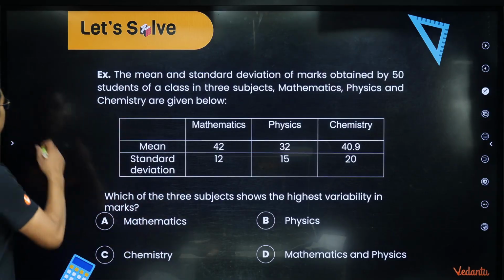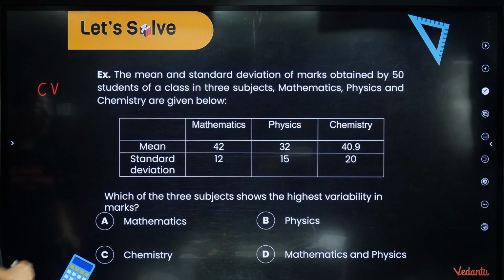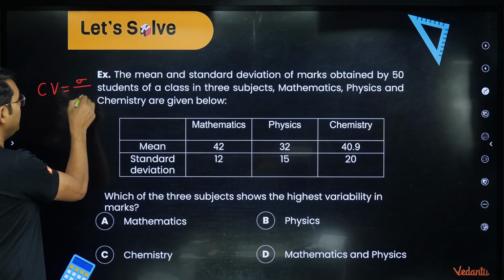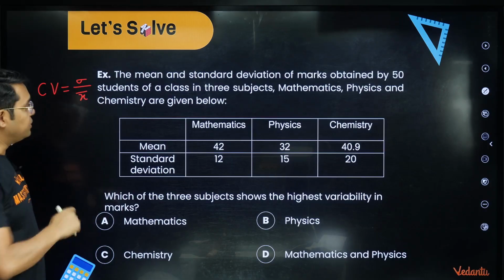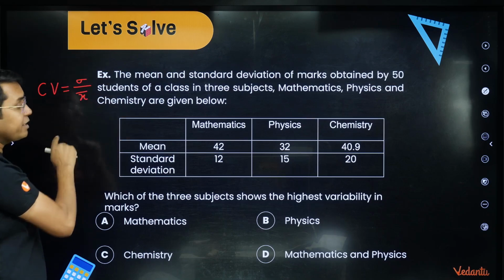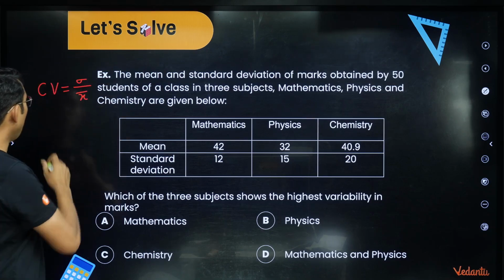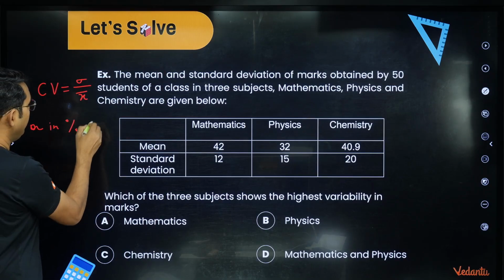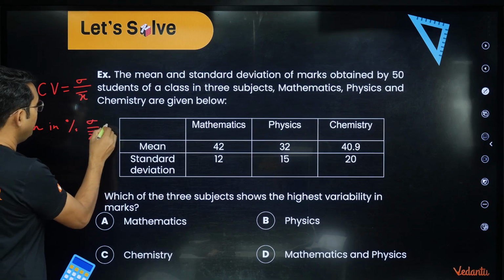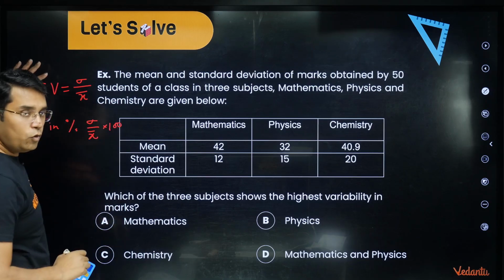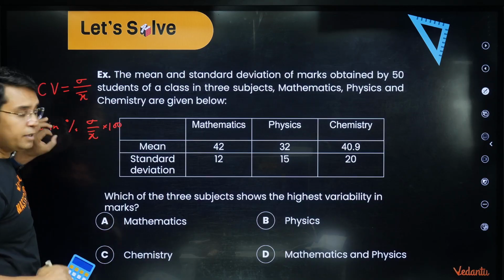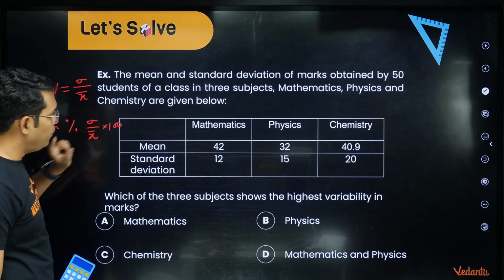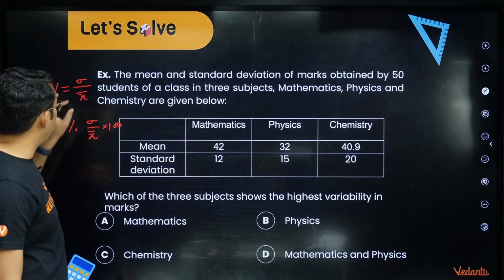So dear student, there is a concept called coefficient of variation, which is defined as standard deviation upon x bar, standard deviation in the numerator and x bar, that is mean, in the denominator. Or if you want it in percentage terms, it will be sigma upon x bar into 100. Now we are given all the data, you just need to find CV.